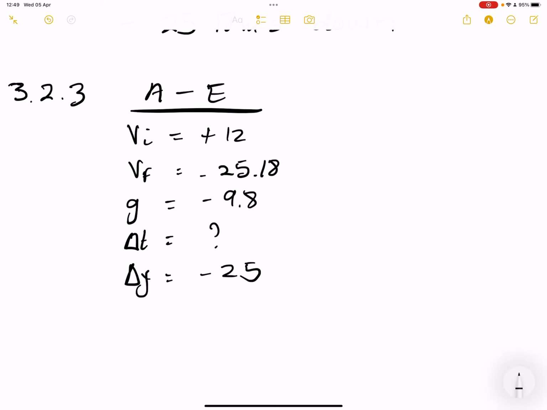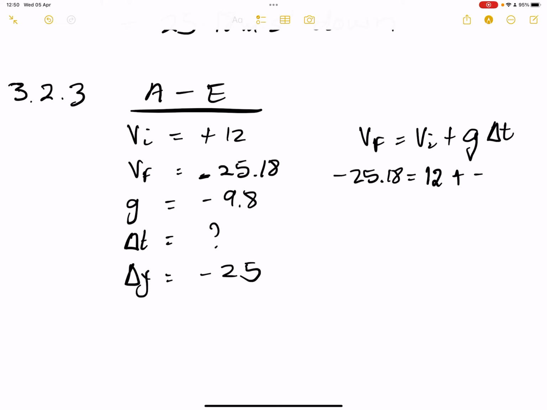So in this case, I'm simply going to say Vf is equal to Vi plus g delta t. Okay, so that would be negative 25.18. And by the way, if you didn't put that negative, it will jeopardize your answer here. Positive 12 plus a negative 9.8 delta t. And of course, what we simply do is take the 12 to the other side.